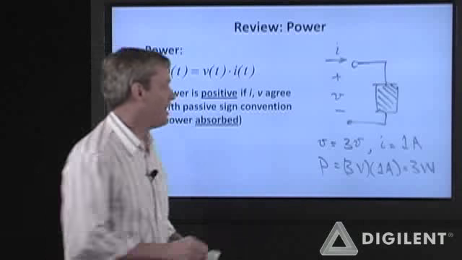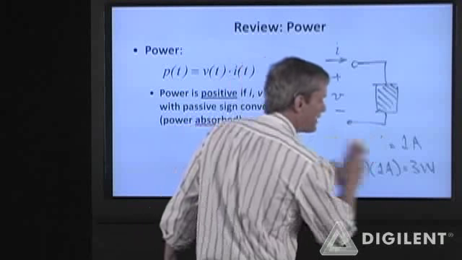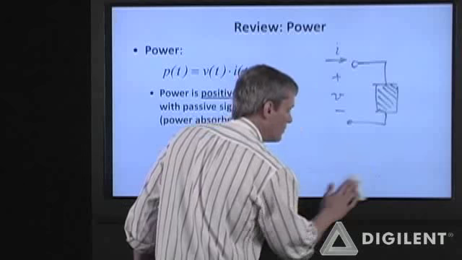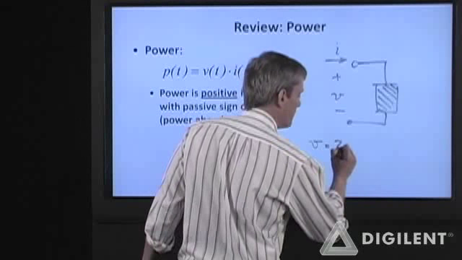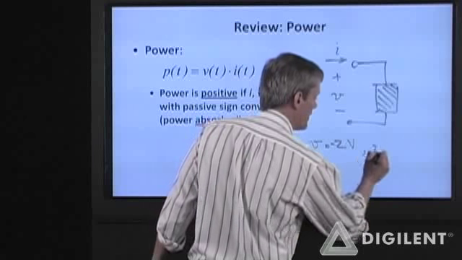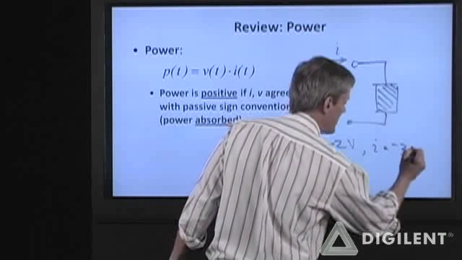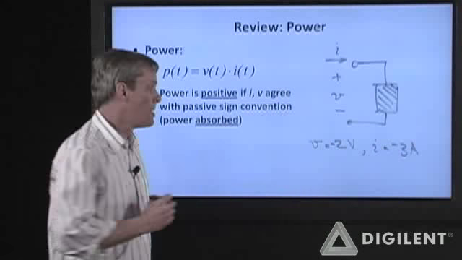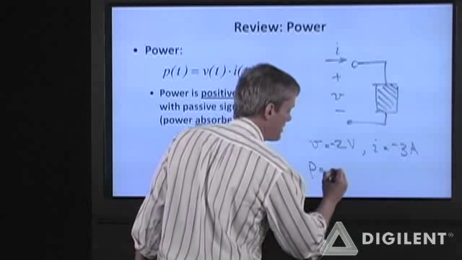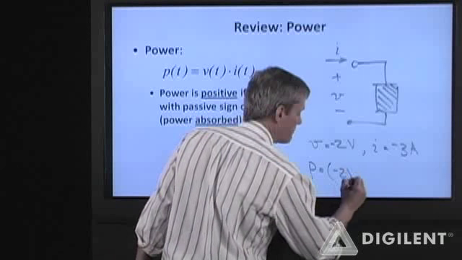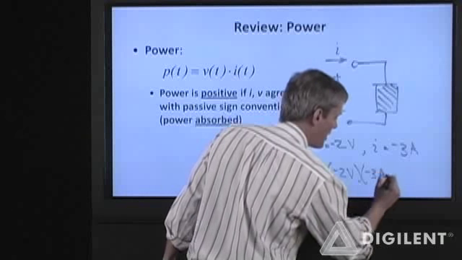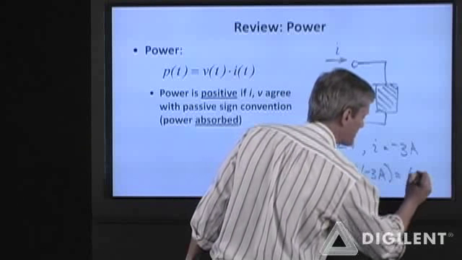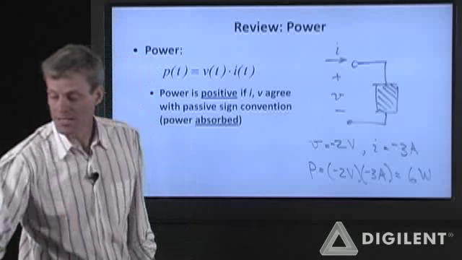If I do my analysis and find out that voltage is, for example, minus 2 volts and the current is minus 3 amps, power is still the product of voltage and current, so I have a minus 2 volts times a minus 3 amps, which is a plus 6 watts.